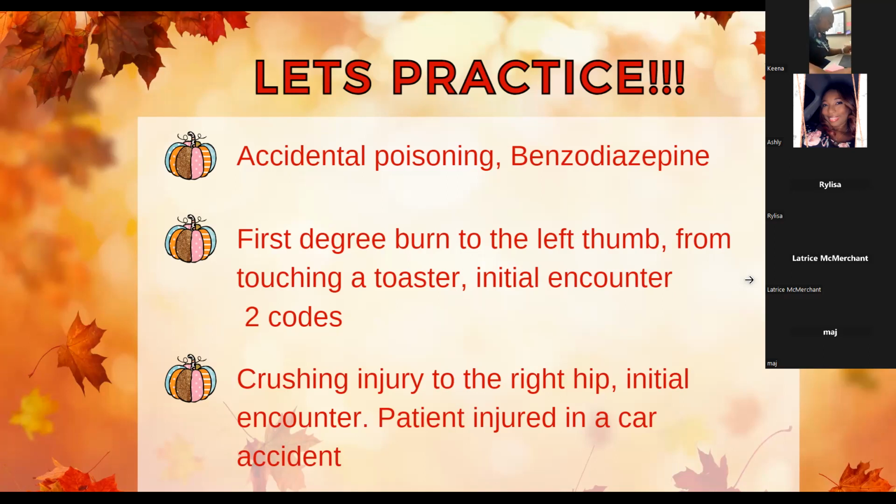We find code T23, which is going to be on... page, did I not mark it? I didn't mark it. All right, so T23.